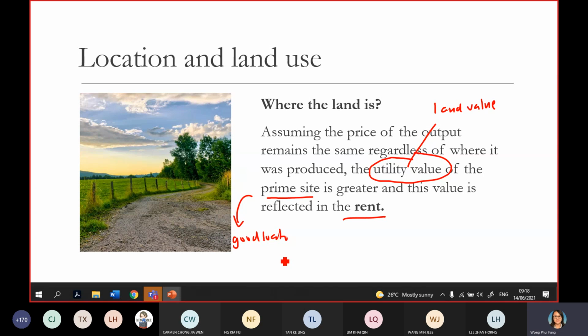Good location here means, as I told you just now, good accessibility, very convenient, near to public transport, labor availability, and so on. Normally in this good area, the prime site, the rent also tends to be higher. When the rental is higher, the land value is also higher. So there is a positive relationship between the land value and the rental.